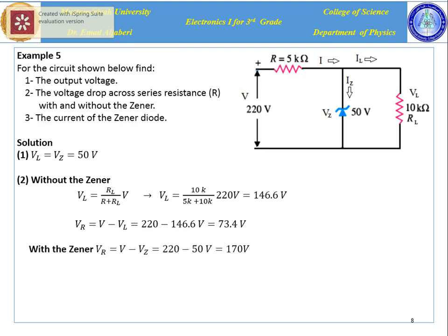Now, when the Zener diode is connected, that means the output should be 50 volt, and the drop voltage on the series resistance R is the difference between the output and VZ. So it is equal to 170 volt.